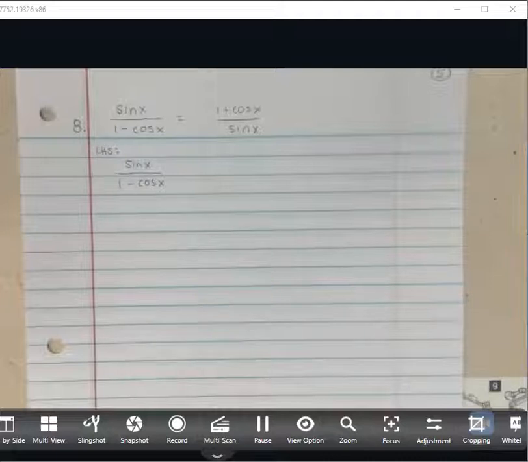So the only other thing that's allowed is that you can take any fraction and multiply it by 1. I can multiply this by 1 in any form that I want. If I wanted to multiply it by 5 over 5, that's 1. But I see I've got a sine in the denominator over there. How about I multiply top and bottom by sine of x over sine of x? Because at least it'll put the sine in the denominator for me.